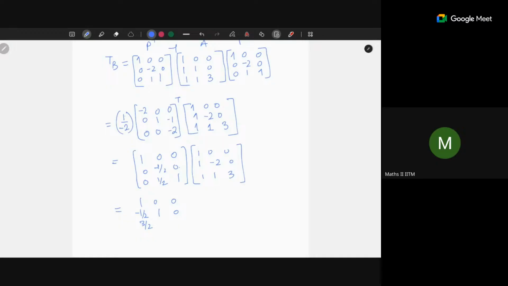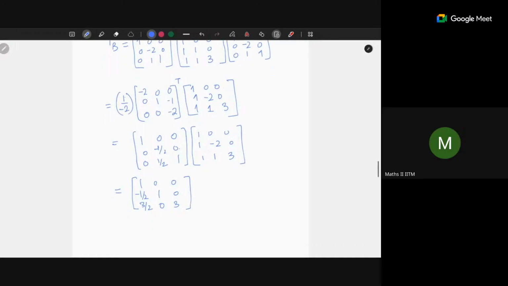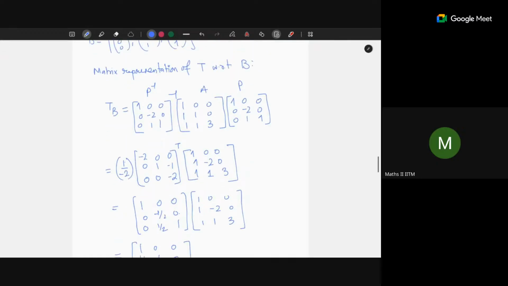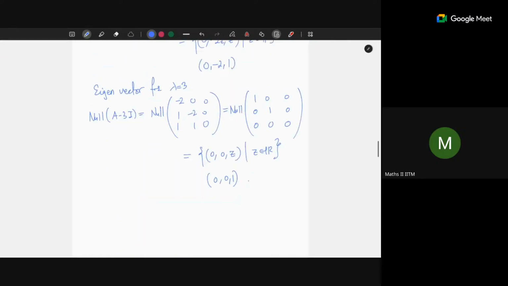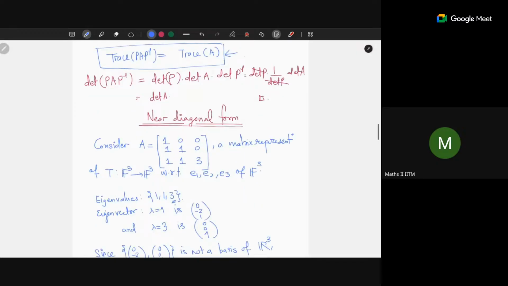Minus 1. Sorry, this. So it will be 0, 3. So in some sense, we have reduced the matrix up to some point, or have we not? We have obtained one more zero entry over here by changing the basis.